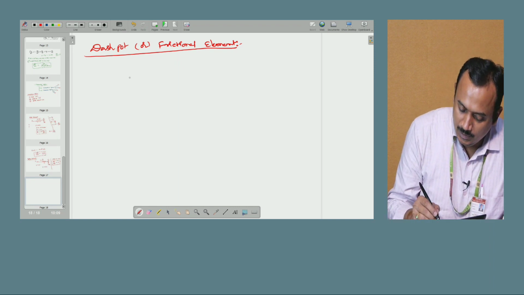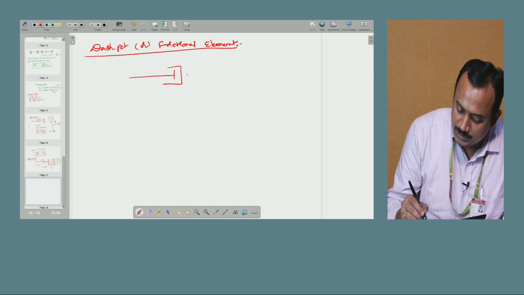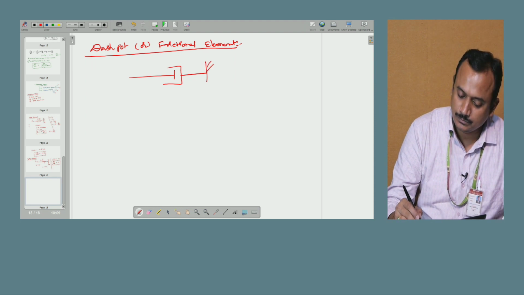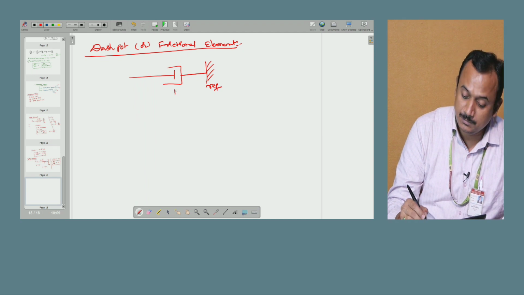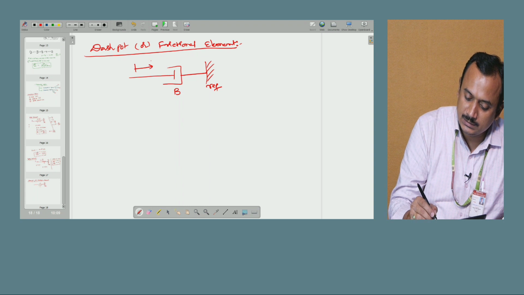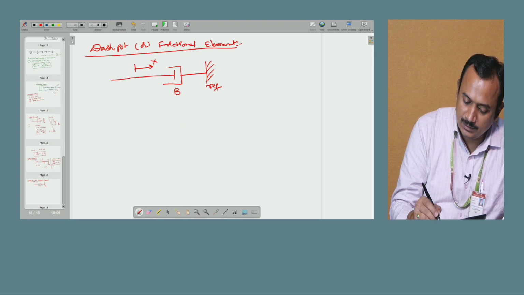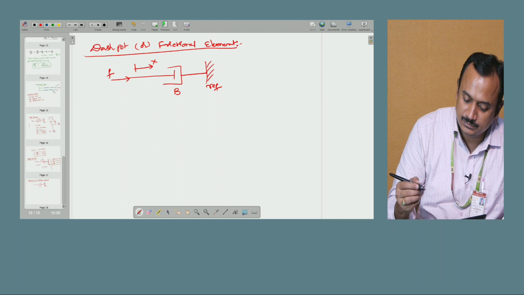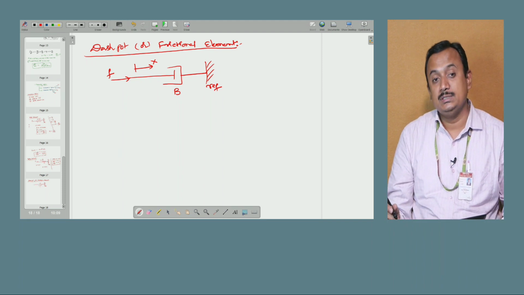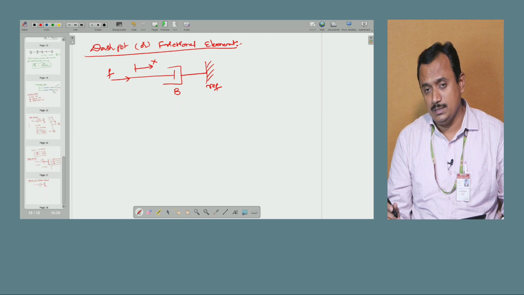Now if I draw the equivalent circuit for this dash pot, this is your reference, and this dash pot is represented with B, and the distance is x and the force is F. And the main important point is force and distance both are in the same direction.